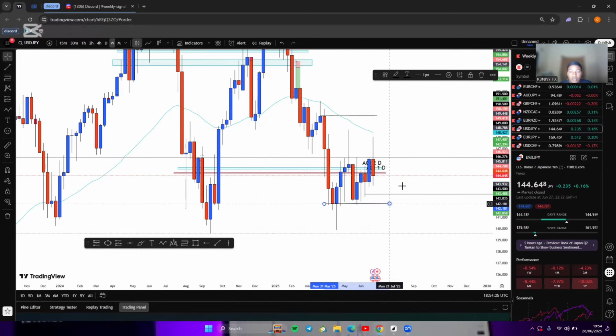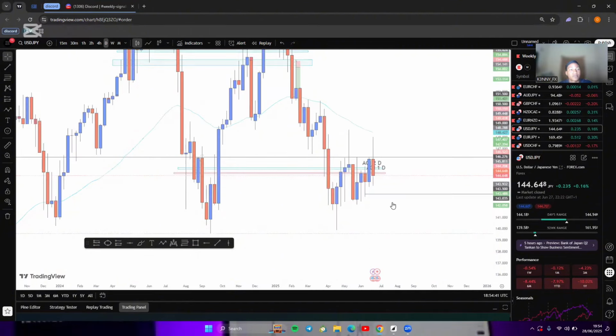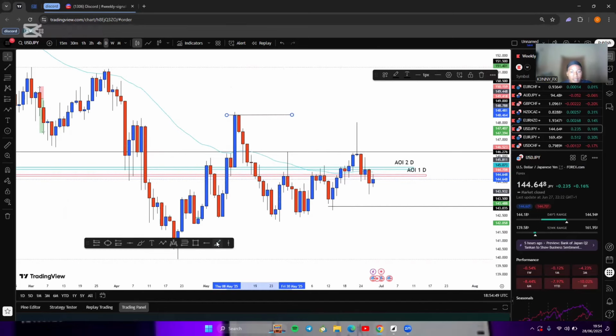Then we go down to the daily. For me, this is the lower high, and this is the lower low, right? So daily is still bearish. So we're still looking for sales, right?